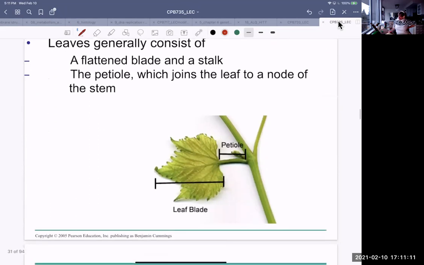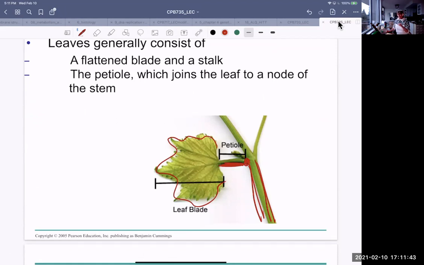Leaves generally consist of a flattened blade. This is the blade part. And a petiole. The petiole joins the leaf at a node to the stem. This is the stem part here. Petioles can be long or short, or quite modified. If you've ever had celery, celery is a modified petiole.